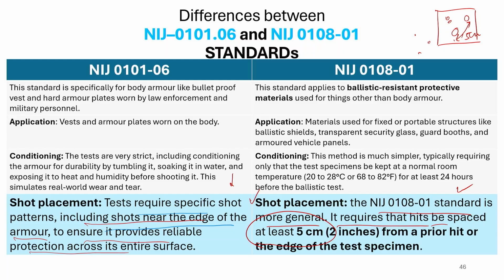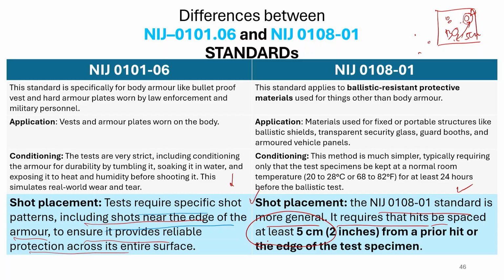So if one hit is A, hit B should be at least 5 centimeters or more away. Otherwise there may be some damaged portion, and if we hit close to that, it may give a wrong result.